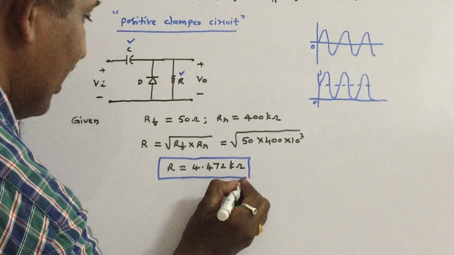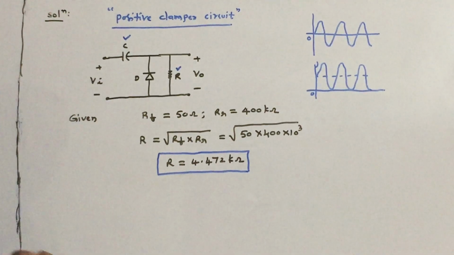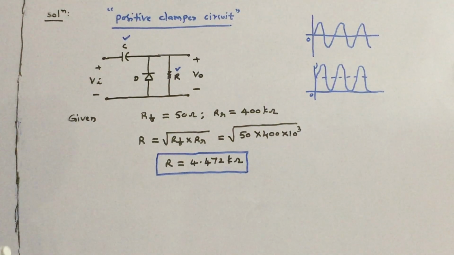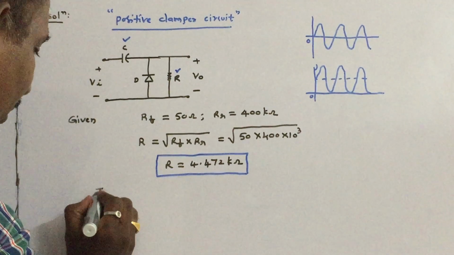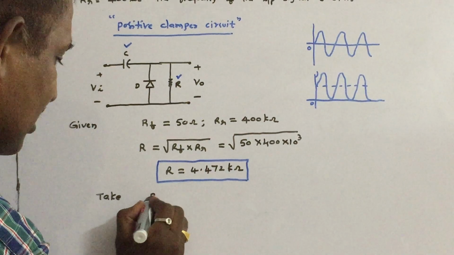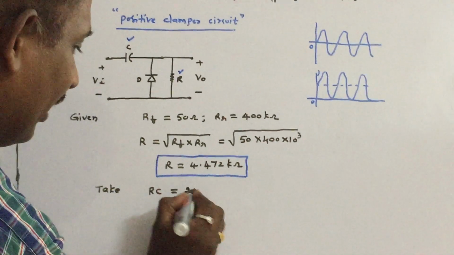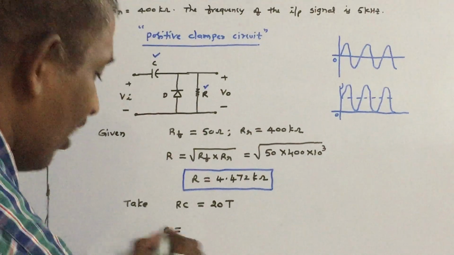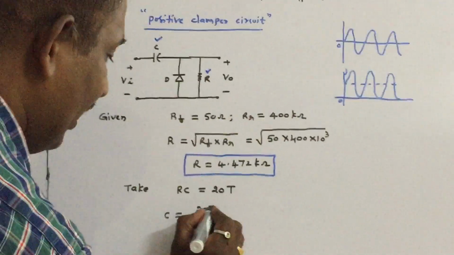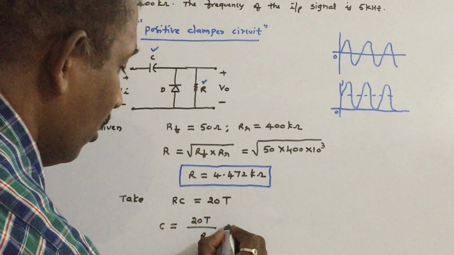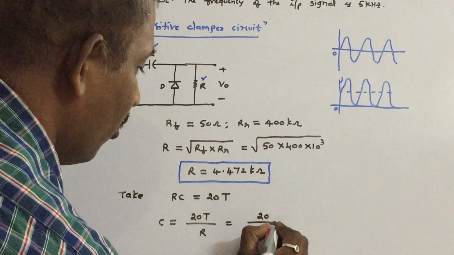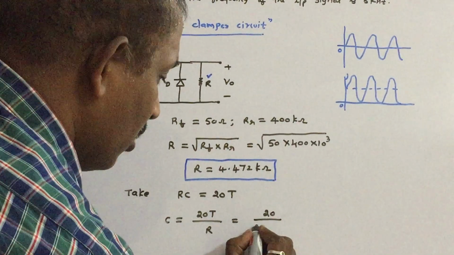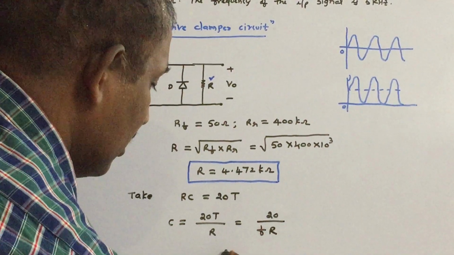So what is the second design equation? To calculate C, take the time constant RC is equal to 20 times the time period of the input waveform. So I want to calculate the capacitor value. Therefore C is equal to 20 T by R. Time period T is equal to 1 by F. So therefore 20 divided by F into R. Substitute.